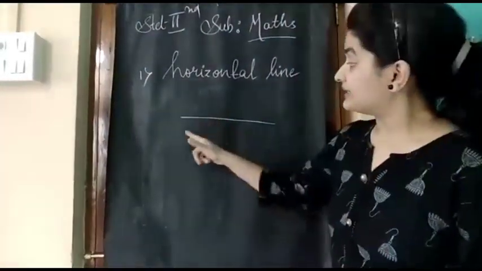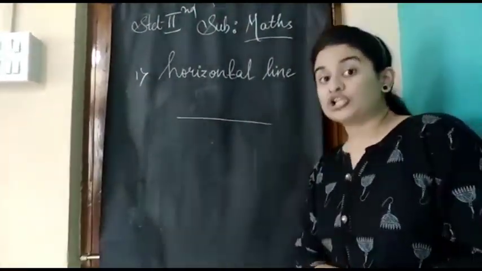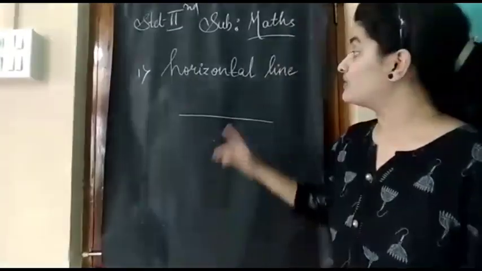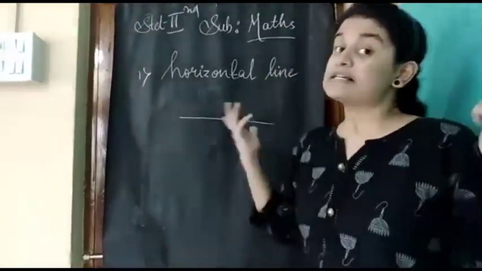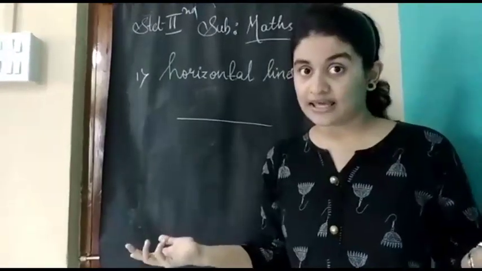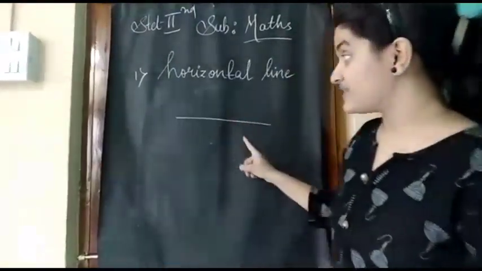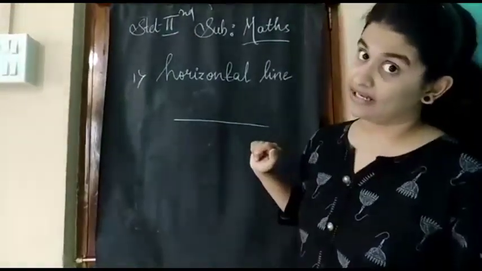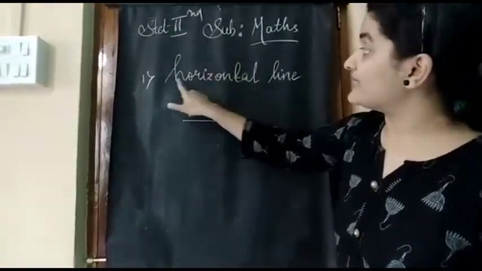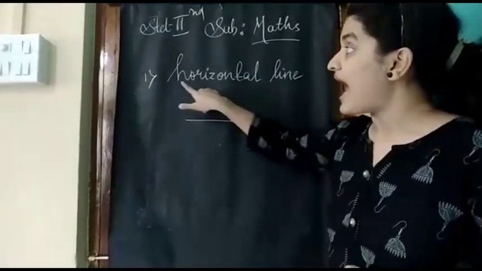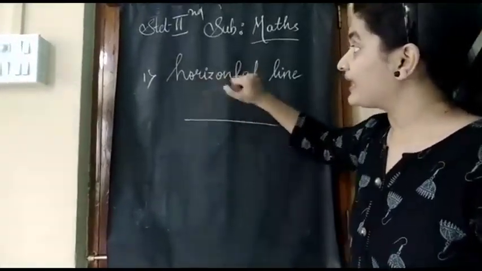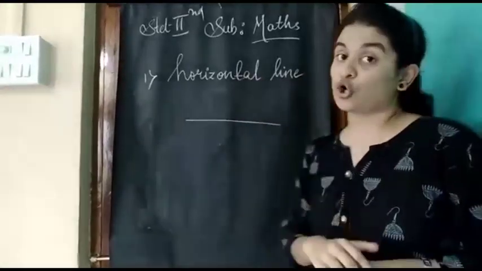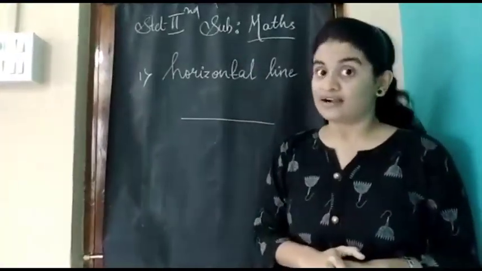Understood? This line is also known as sleeping line. So this is a horizontal line, and the name of the line is horizontal. HORIZONTAL, horizontal line. Understood?